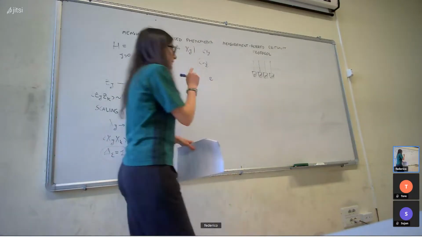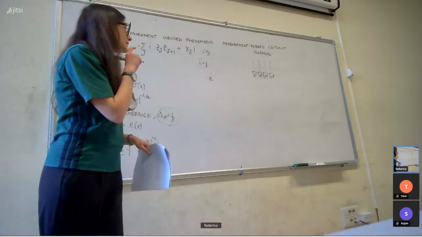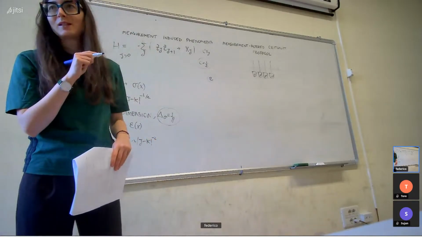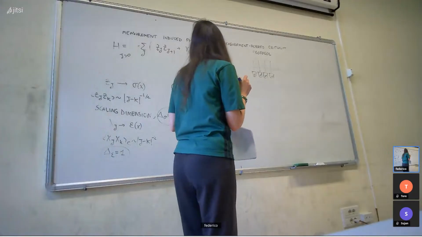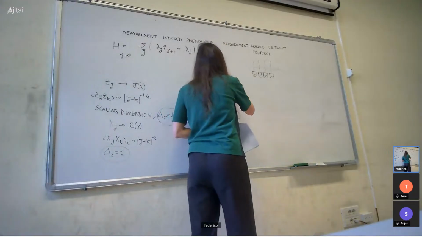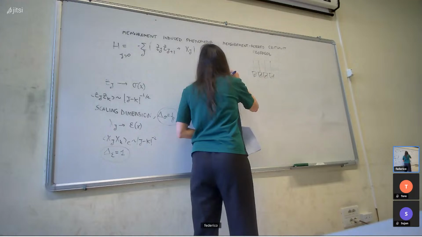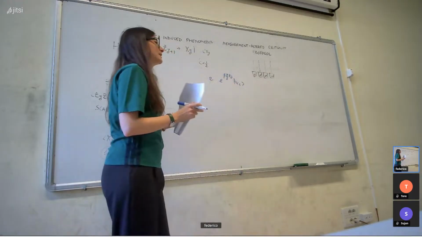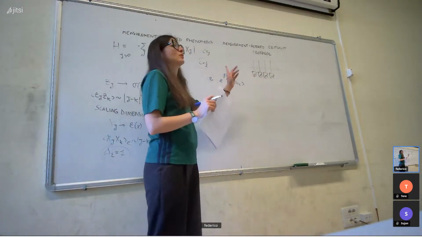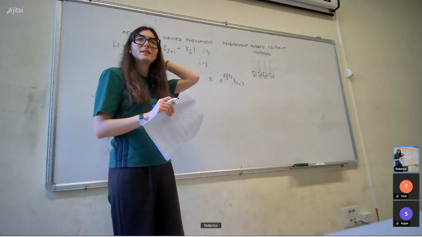Okay, so now we see the second case. The second case is when the measurement operator contains z, not epsilon.